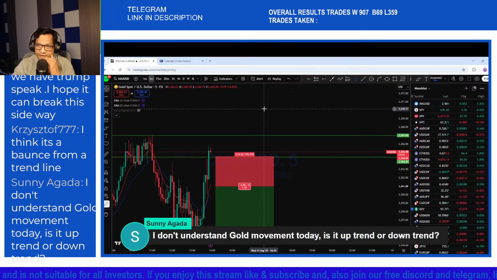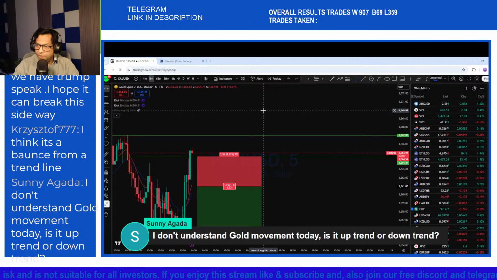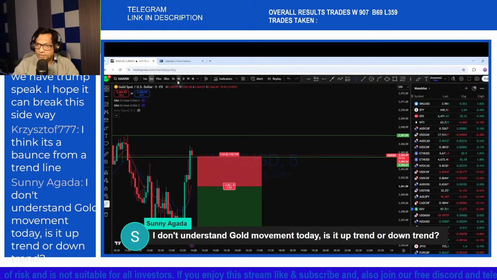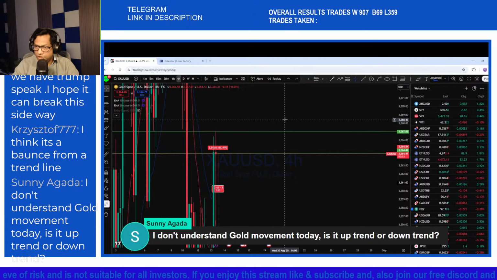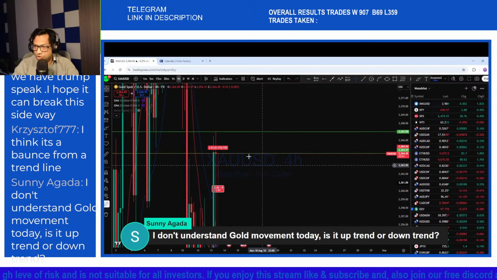With that being said, here on XAUUSD, the candle close is coming on the 4-hour chart, and that 4-hour candle close, if it is a doji, are we seeing another drop here?